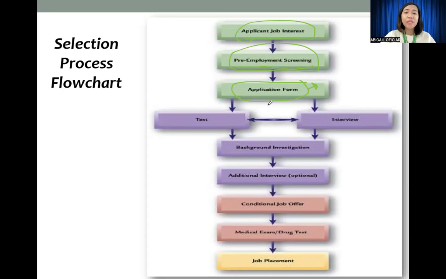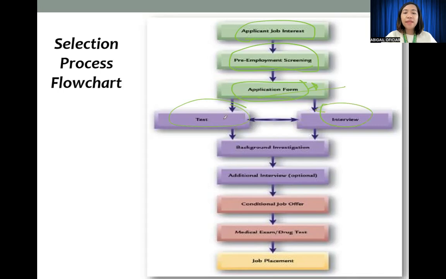And sometimes that information is not necessary for the job they are applying for. So the application form will help us avoid that, the inputting of unnecessary information. So that is the application form. Once the applicant fills out the application form, we can now schedule testing or interview.